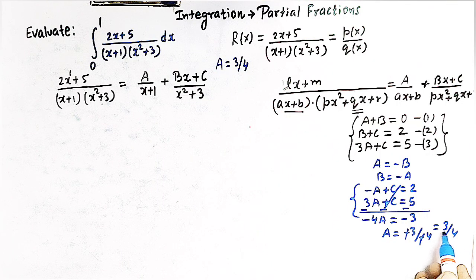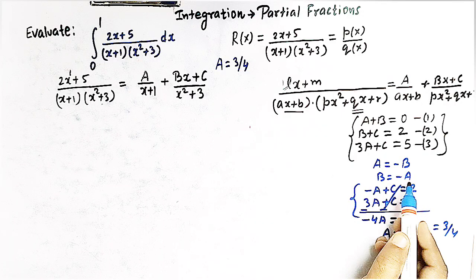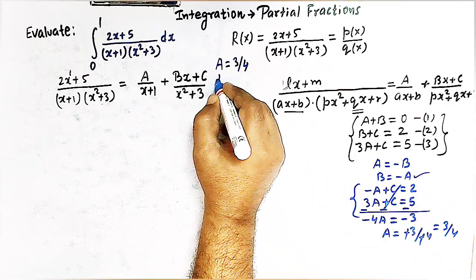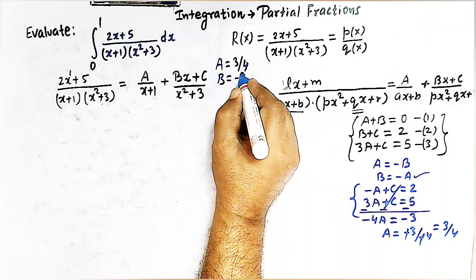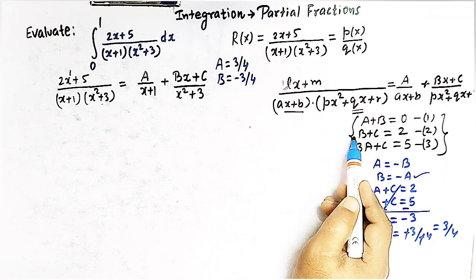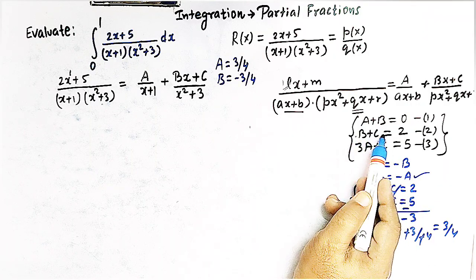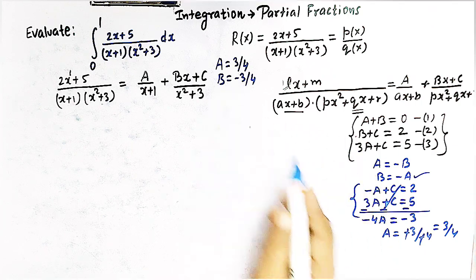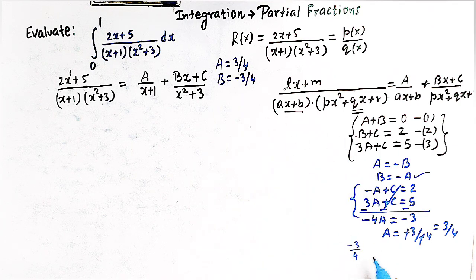So now if we take a is equal to 3 over 4 in this equation, then the value of b is minus 3 over 4, right? And to get the value of c, we can make use of this equation 2. So we have the value of b as minus 3 over 4, then we have plus c is equal to 2.